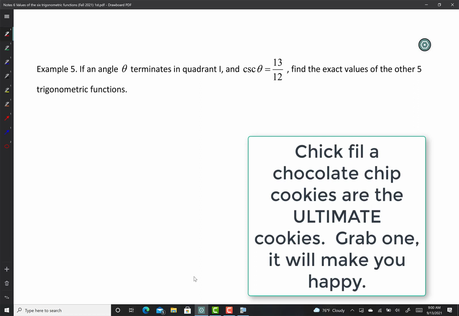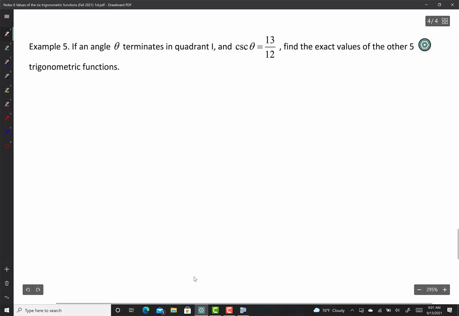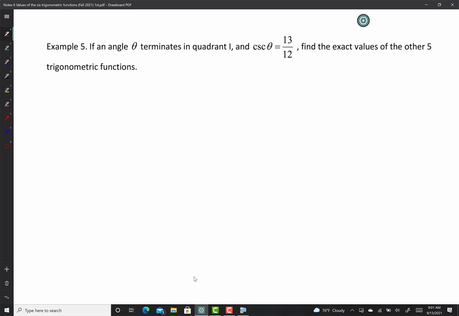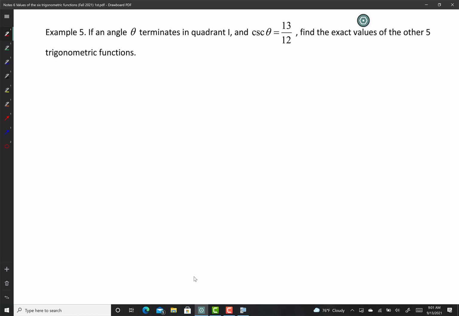Have you ever had Chick-fil-A cookies? Oh my God, you haven't lived. They're super heavenly. All right, last one. Y'all ready? I bet you Harry Styles knows how to do all these questions. He's British, right?